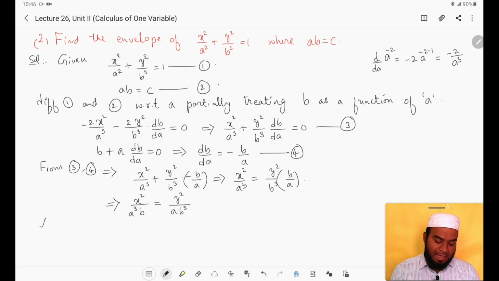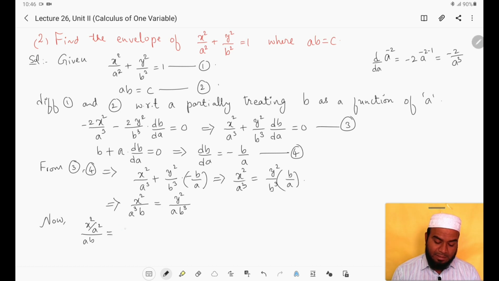Now this can be written the same as the previous one. We have to write x square by a square. So x square by a square by ab, if I write, then it will give me this term. So x square by a square, then a will remain here and b, so ab I am writing here. Then this is equal to y square by b square into ab.